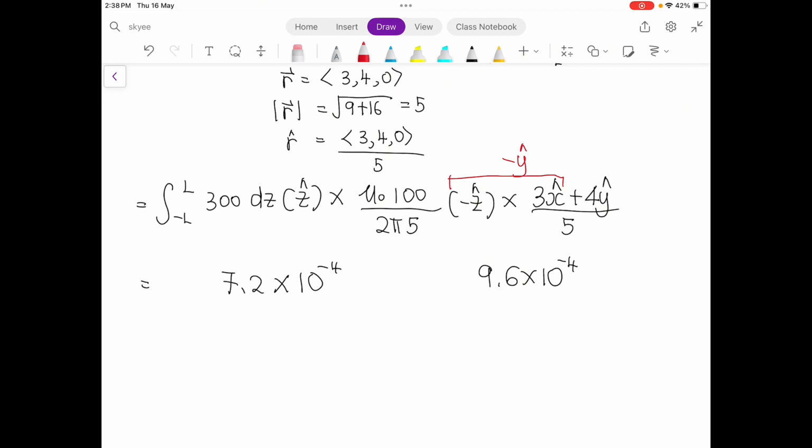Zy will give you negative x, negative, negative, positive. Next term is z and this y.